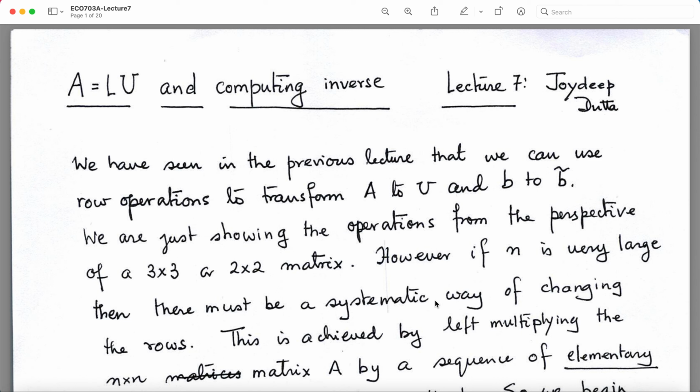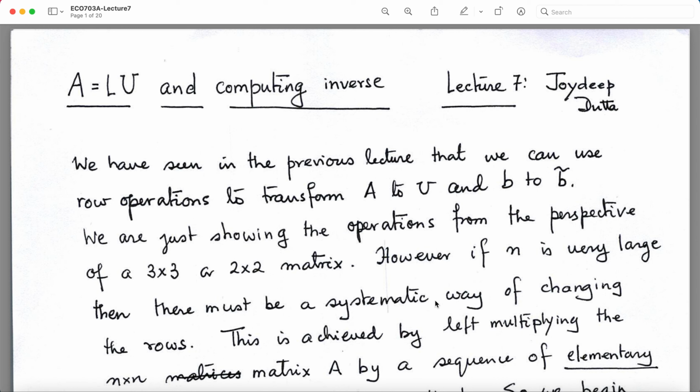Now, what are these matrices which I multiply on the left side of A? These matrices are called elementary matrices. Elementary matrices are obtained by tweaking the identity matrix.